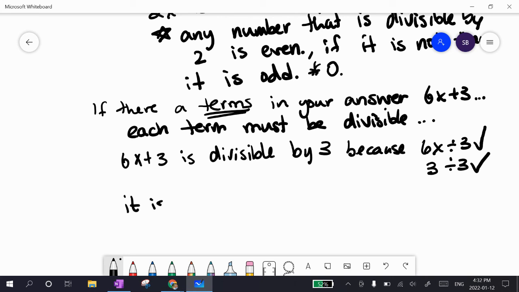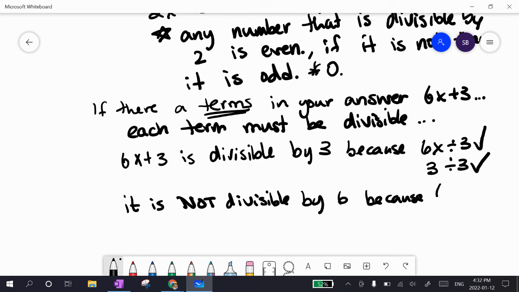It is not divisible by 6 because 6x is divisible by 6, but 3 is not divisible by 6. Therefore, the whole thing is not true. Cannot be divided by 6. Okay.